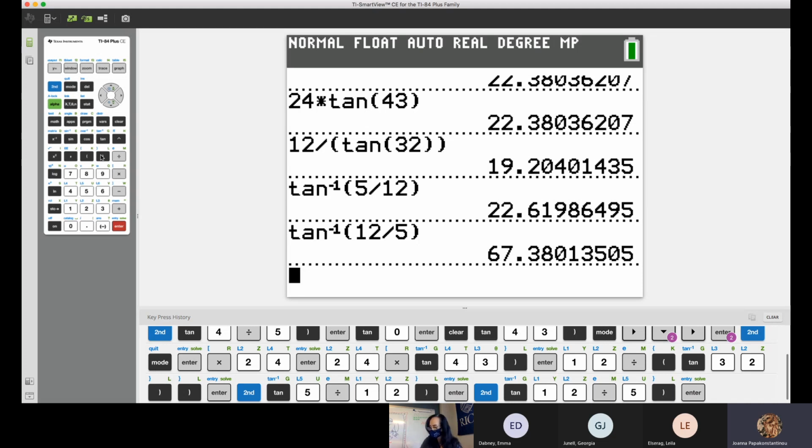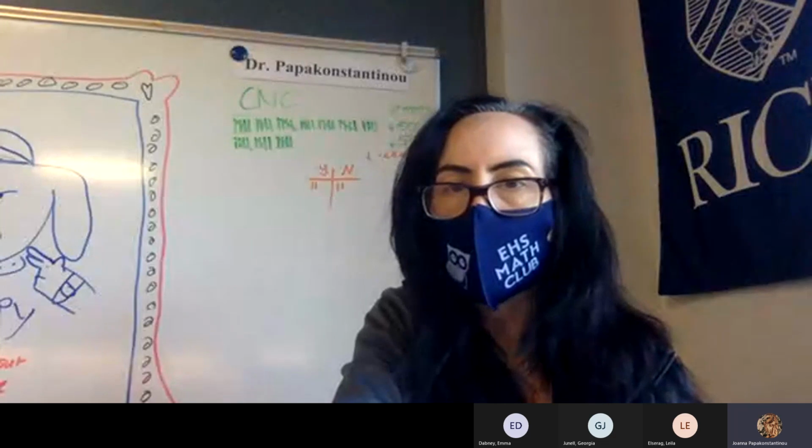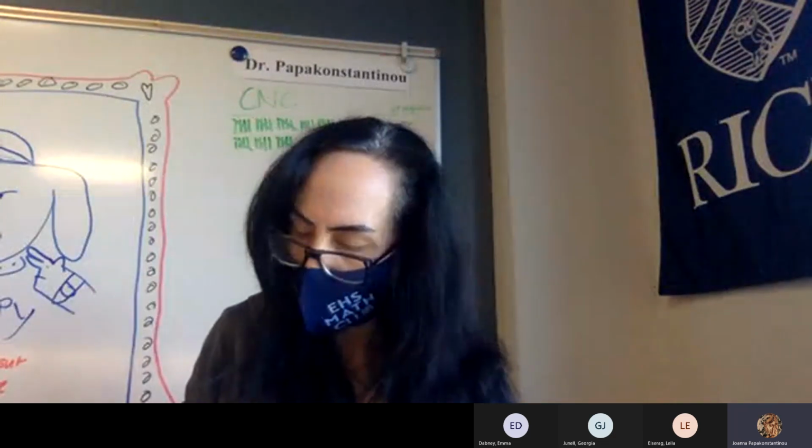Excellent. One decimal place is sufficient unless on the test or anywhere it says round to the nearest tenths, hundredths, or thousandths place. One is fine for me.